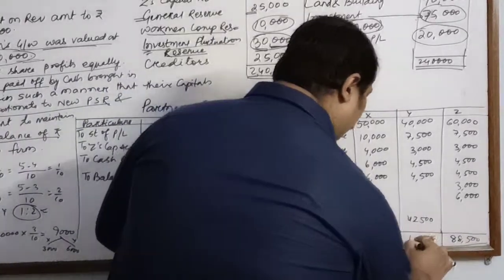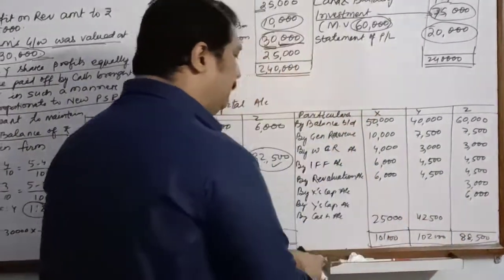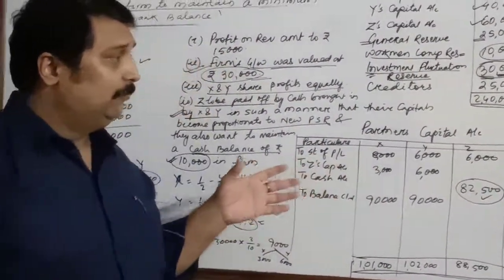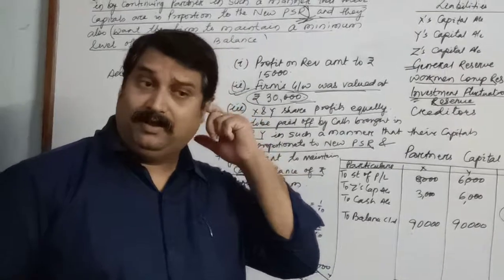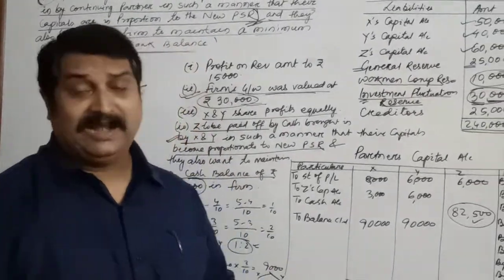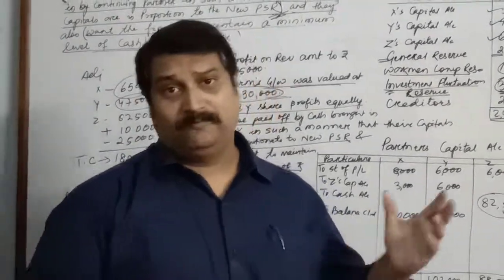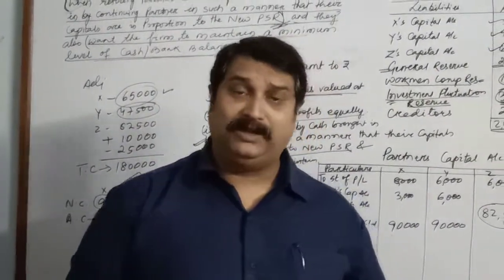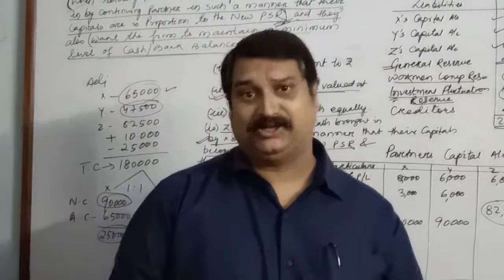It is 1,02,000. So children, this is how we prepare the partner's capital account in case when we are following case 4, when the retiring partner has to be paid, the amount will be brought by the continuing partners. They also want to readjust their capital and also want to maintain a cash balance.